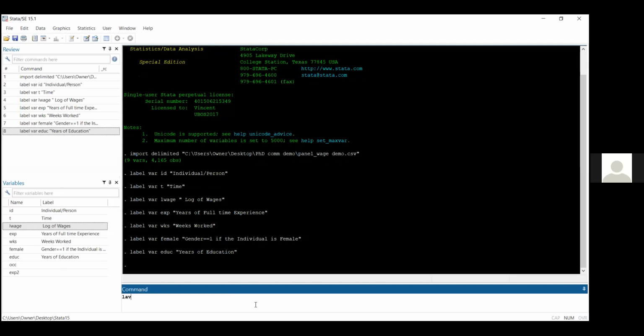And then I have a variable called OCC, which stands for occupation. And for this occupation, OCC is equal to 1 if the individual is in a blue collar occupation, and 0 otherwise, because it is a dummy variable.